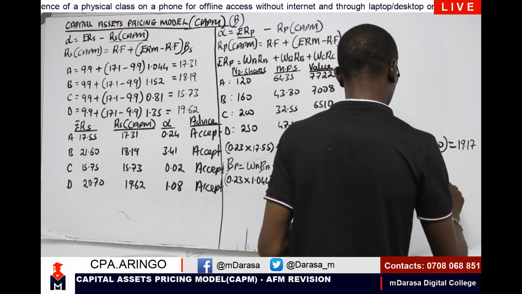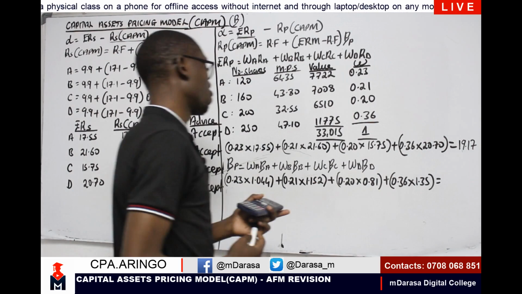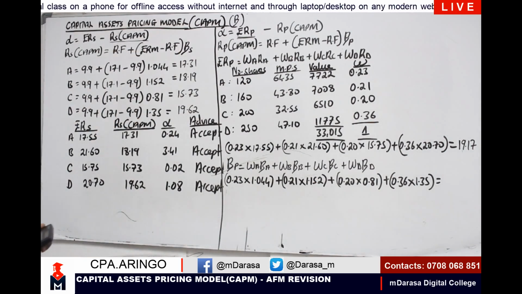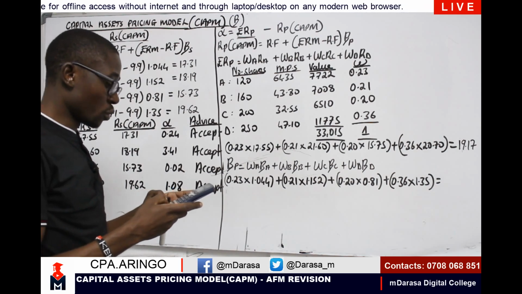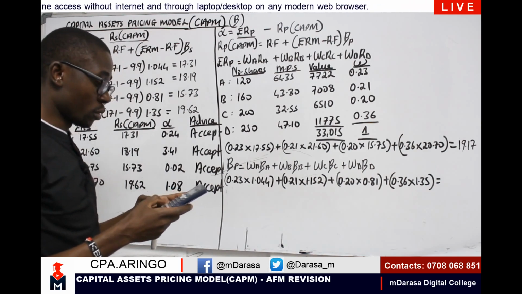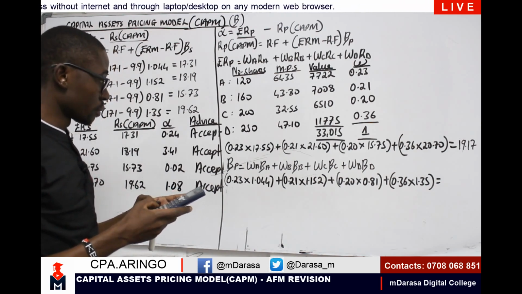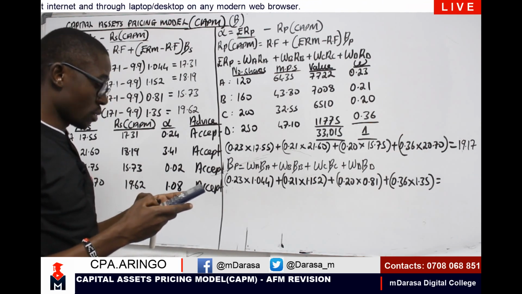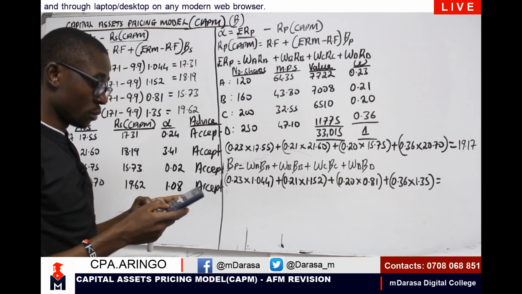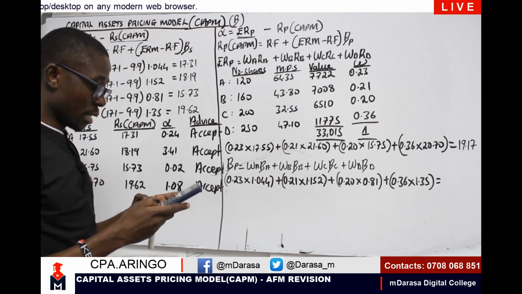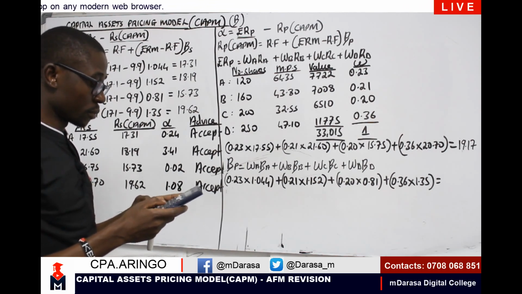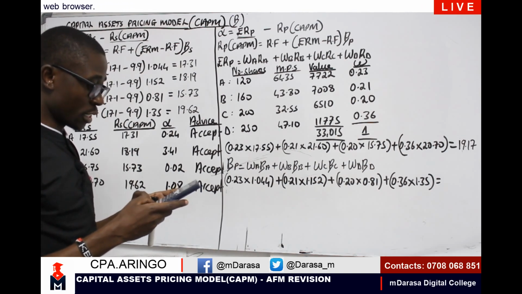So at the end of the day, what will we be having? That should be 0.23 times 1.044, 0.21 times 1.152, 0.20 times 0.81, 0.36 times 1.35.